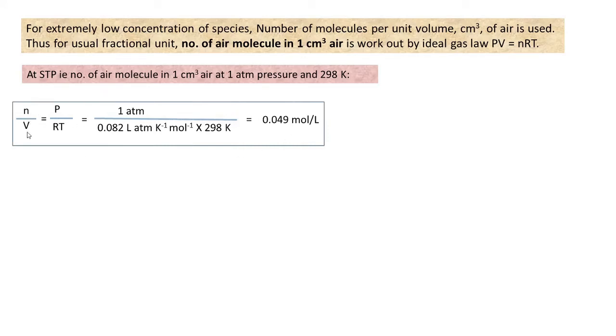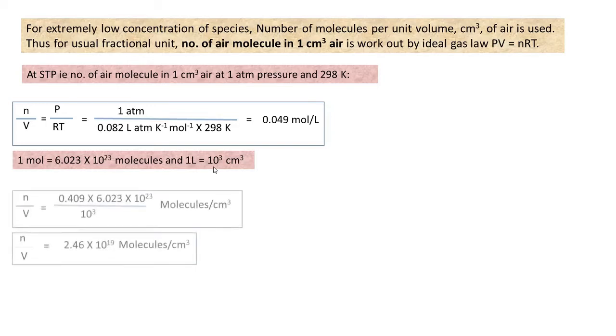So N by V is 0.049 mole per liter. Now 1 mole is equal to Avogadro's number, that is 6.023 into 10 to the power 23 molecules, and 1 liter is equal to 10 to the power 3 centimeter cube.